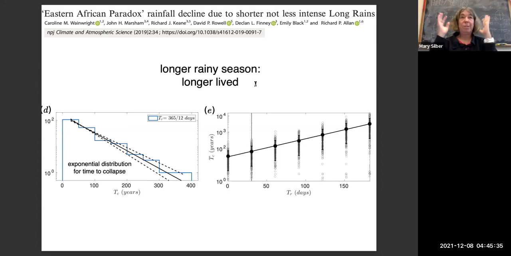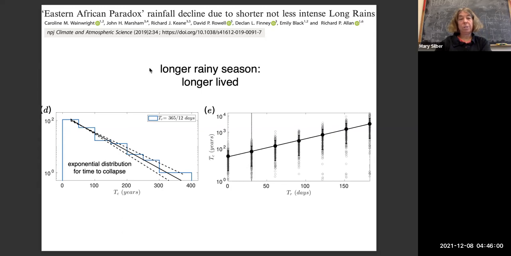She would run it with one rainfall sequence and then just change the length of time over which that rainfall sequence happened. And she found that the typical collapse time increased if she increased the rainy season. In fact, this point is just saying there's not a rainy season, it's just raining year round.